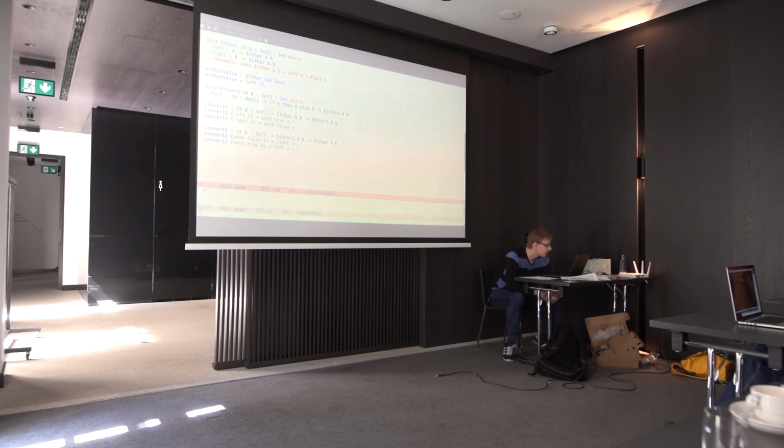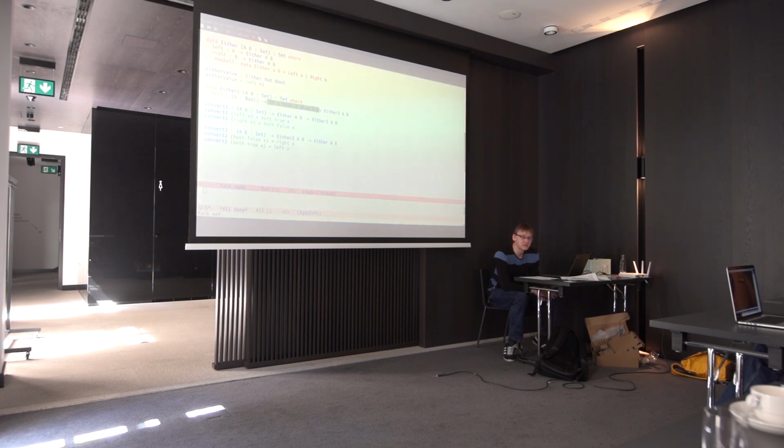Hopefully no surprises here. Now if you think about this Either2, if we had a data type that had, instead of booleans, three constructors, then you could model a three-way Either, right? So instead of an if statement, we could have essentially a case statement.